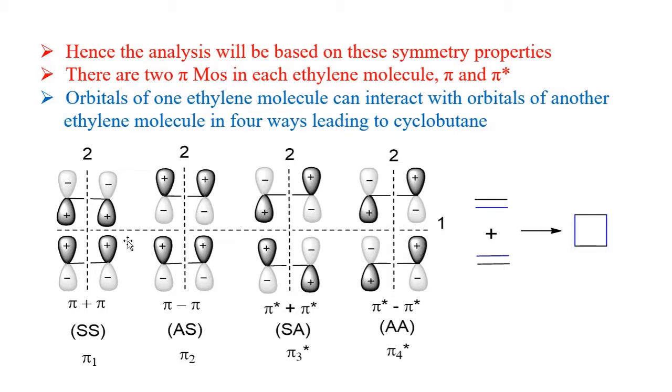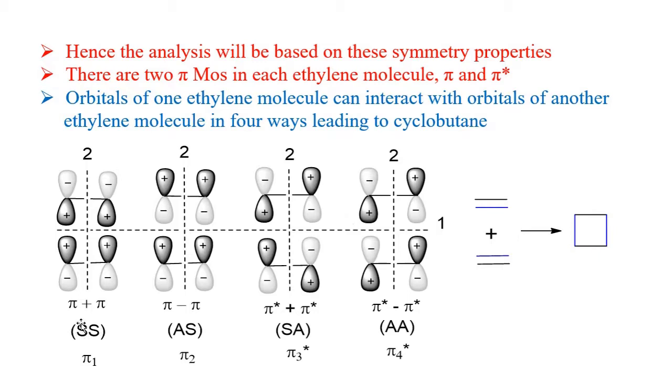And so 4 types of combinations are possible here, and these combinations will have the elements of symmetry such as horizontal plane of symmetry and vertical plane of symmetry. You can see here it is marked as 1 and 2.